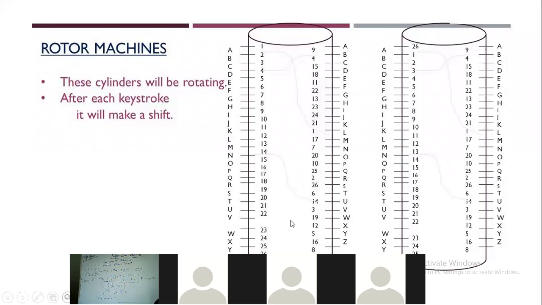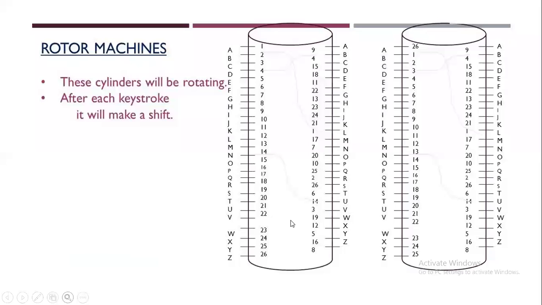If I press A, it moves downward by one shift. So B is labeled by 1 and A is labeled with 26 after each keystroke.